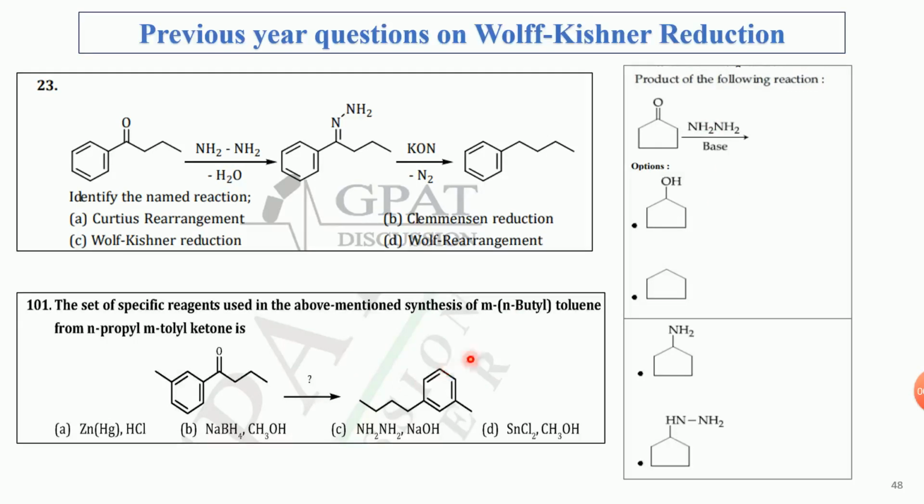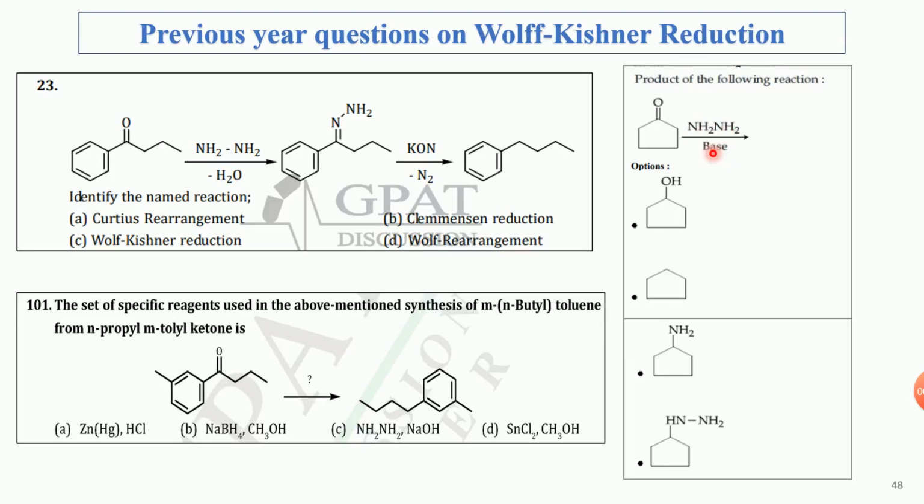So this is the third question, where the starting material is given, the reaction condition is given, and which product will form is asked. This is the GPAT 2020 question. Here, this is the carbonyl functional group of the ketone, which is treated with hydrazine and base.